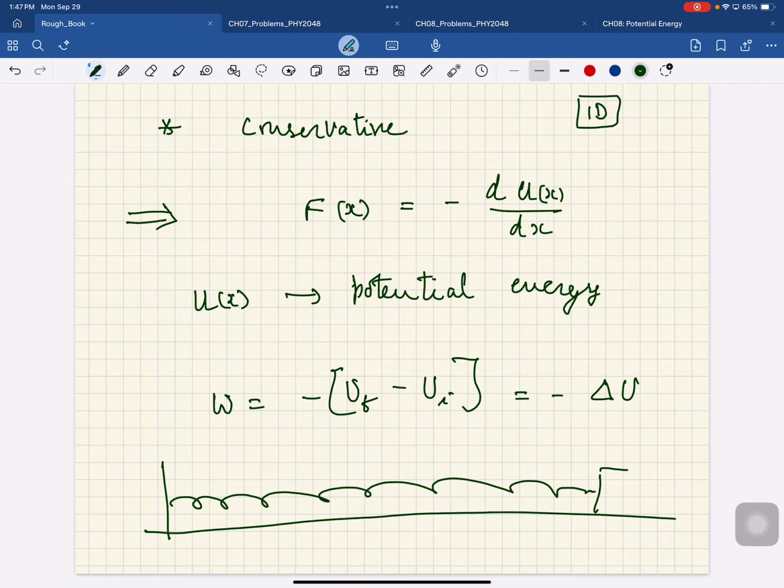So here's a mass attached to a spring, and as the mass moves, the spring exerts a force on it. All right, so let's say this is the initial position of the mass, and here's a final position of the mass.